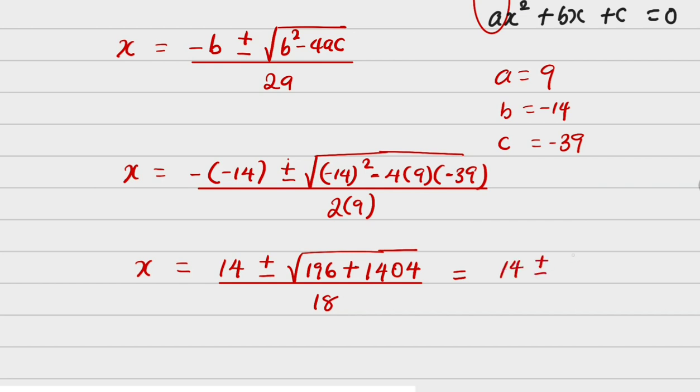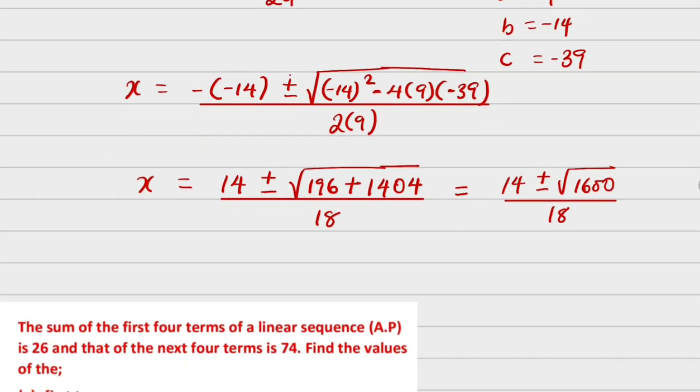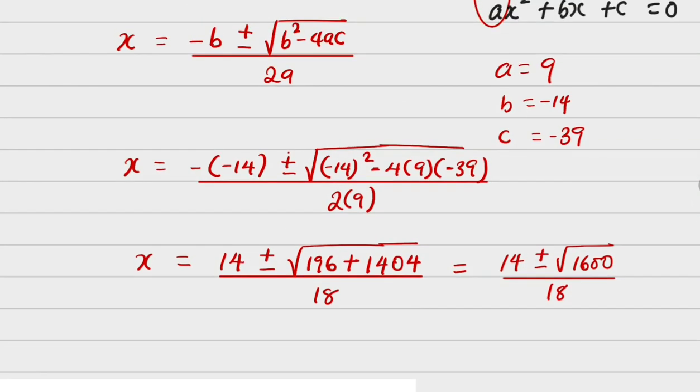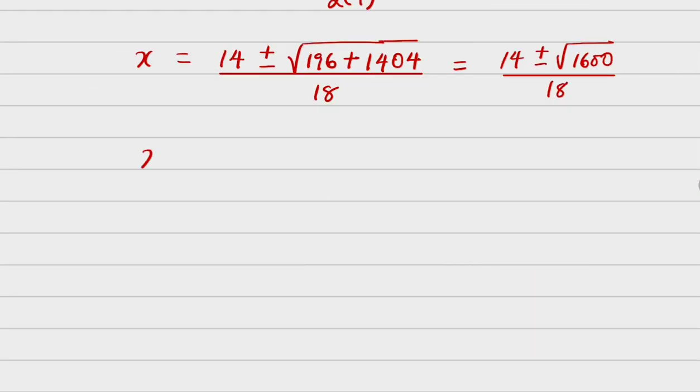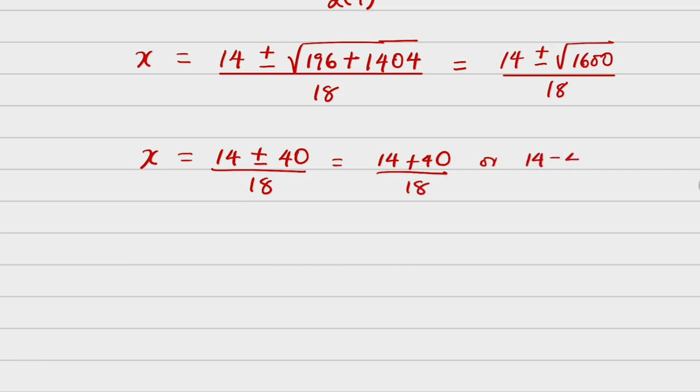Which we will now have as 14 plus or minus root of 1600 all over 18. This we can write as x is equal to 14 plus or minus root of 1600, which is 40, all over 18, which we can write as either 14 plus 40 all over 18, or 14 minus 40 all over 18.